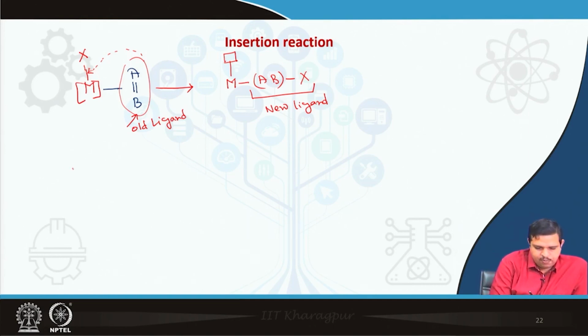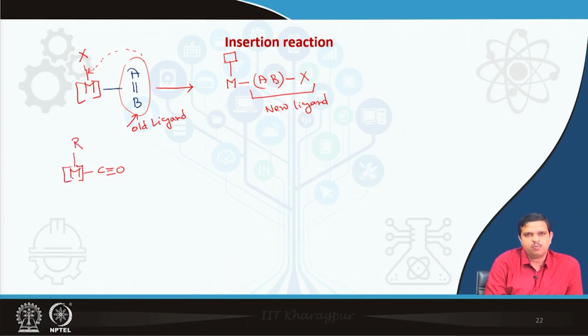I will give some examples, like if you have a carbonyl compound. I am not writing the full ligand distribution on the metal, I am just writing a metal center. The square bracket means just a metal center and the ligands in which we are interested for a particular reaction.